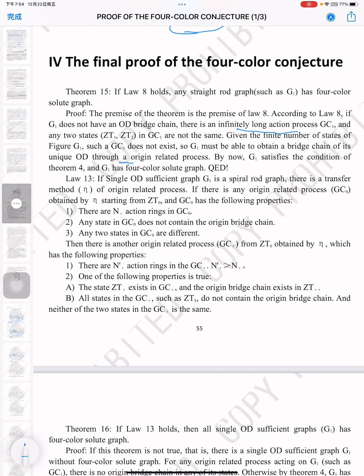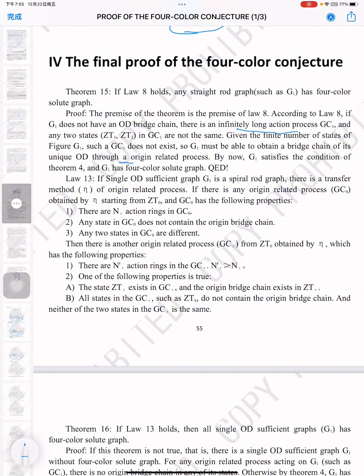Law 13. If single OD sufficient graph G1 is a spiral rod graph, there is a transfer method eta of a region-related process. If there is any region-related process GC0 obtained by eta starting from ZT0 and GC0 has the following properties. 1. There are n initial action rings in GC0. 2.